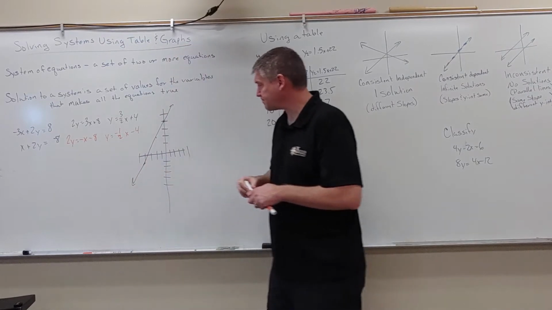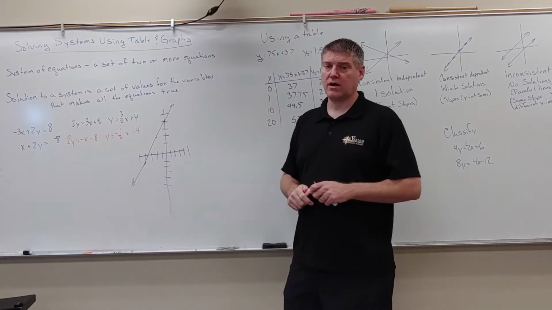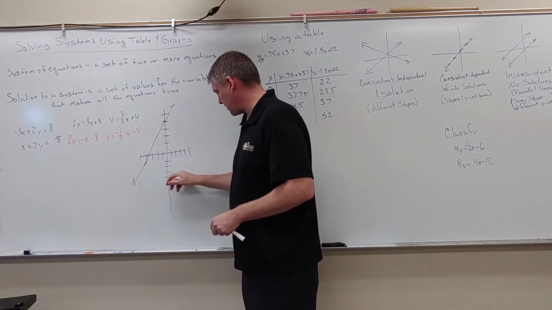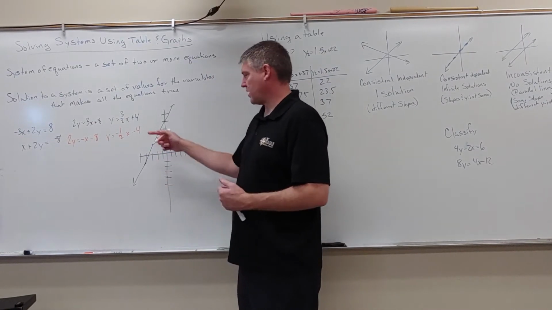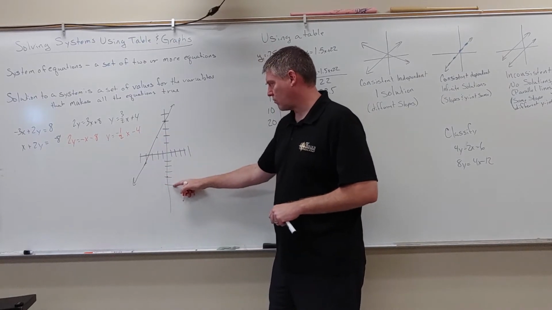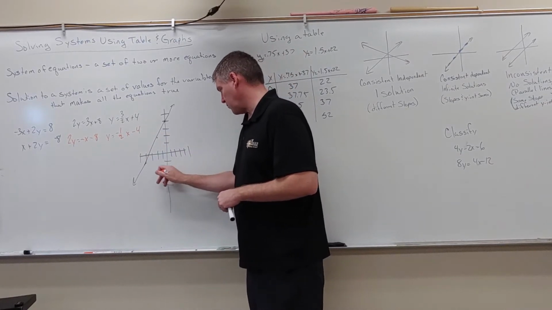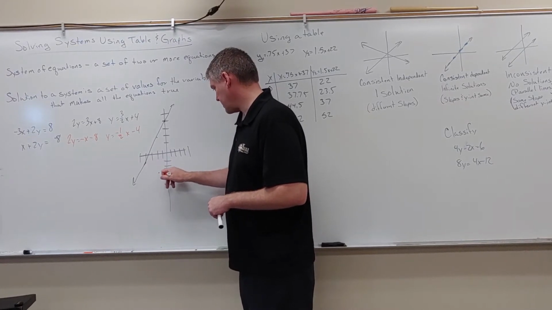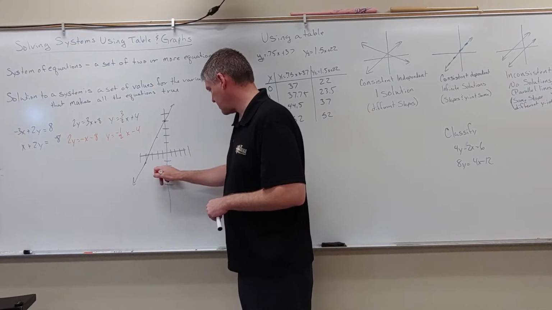Now I'm going to graph my orange graph, so I'm going to go down 4, 1, 2, 3, 4. I'm going to go backwards. I could go down 1 over 2, but I'm going to go up 1, left 2, up 1, left 2.